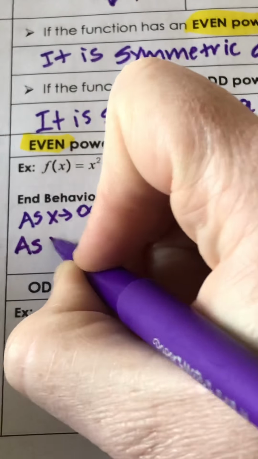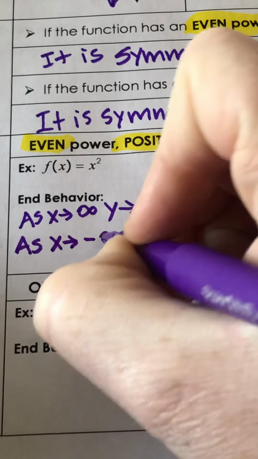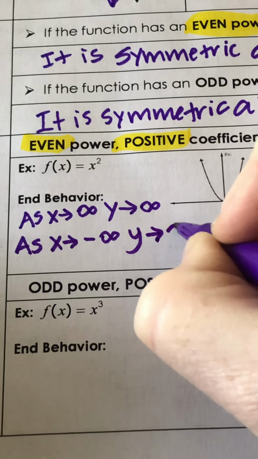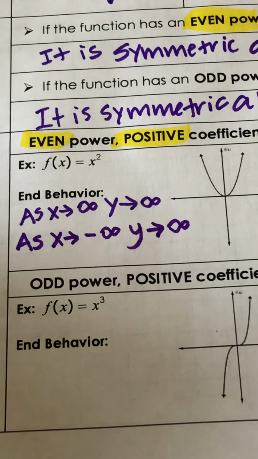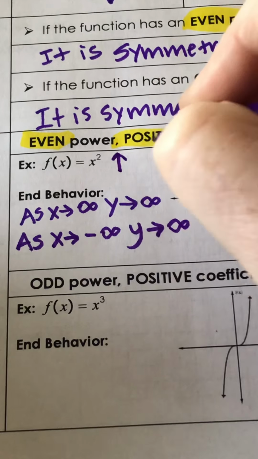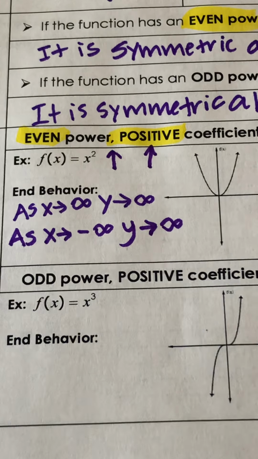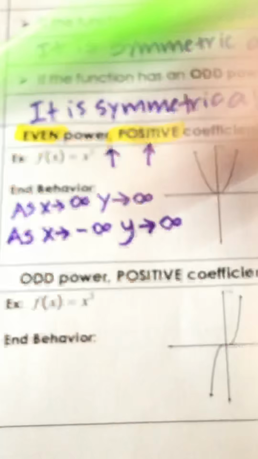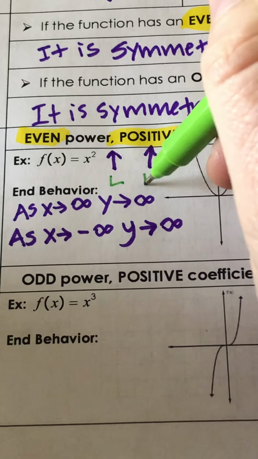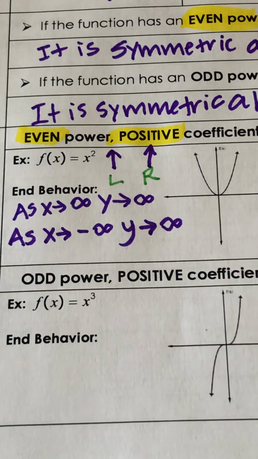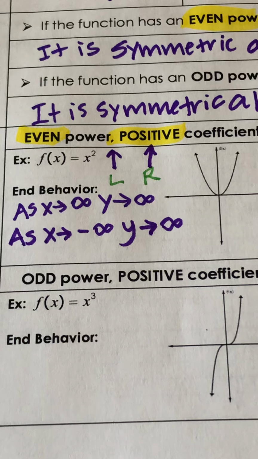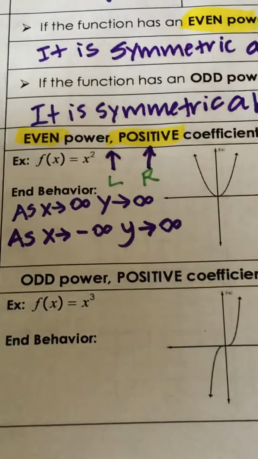And as x approaches negative infinity, y still approaches infinity, okay? So your end behavior is pointing up on both sides. And what I mean by both sides is the left and the right side of your graph, okay? And that's gonna be true for any even power, even if it's x to the fourth, for a positive coefficient.